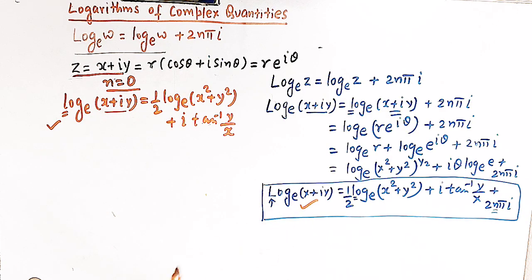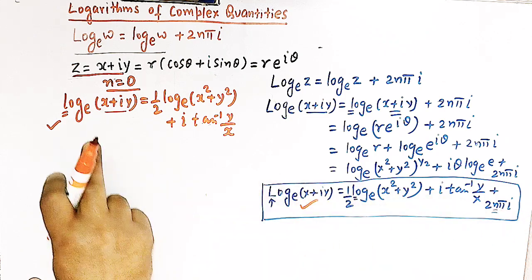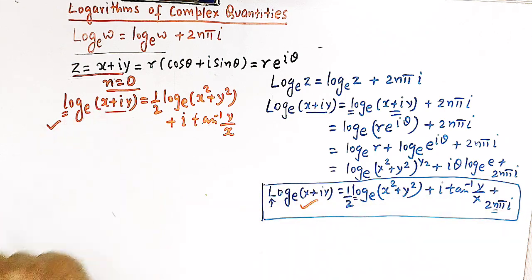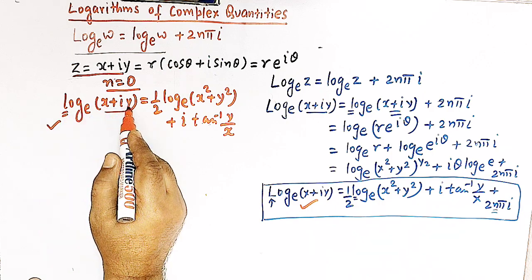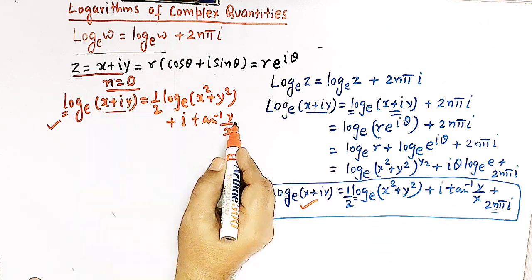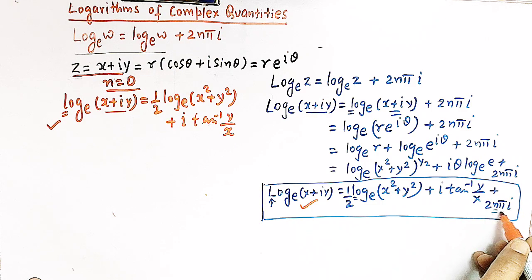So in the general value of the logarithm of x plus iota y, we have 2n pi I, which is an imaginary number, and in the principal value of the logarithm of x plus iota y, we have n equal to 0. So we do not have this term, right?